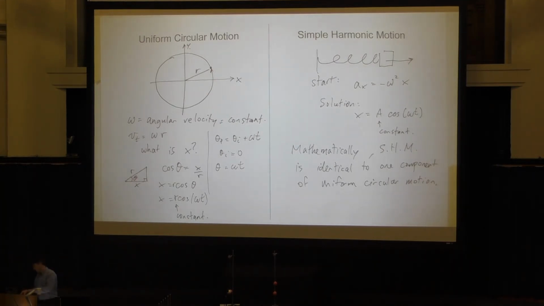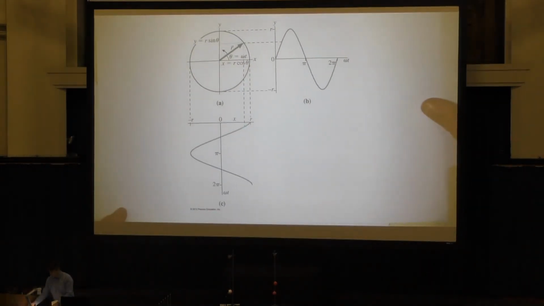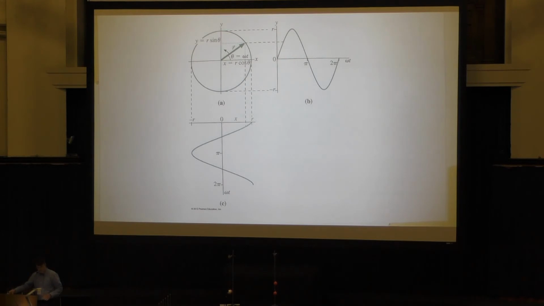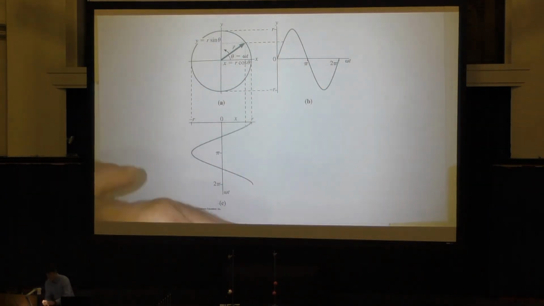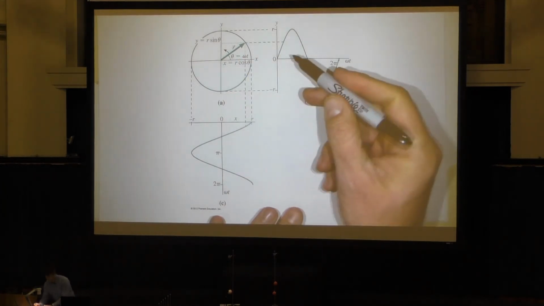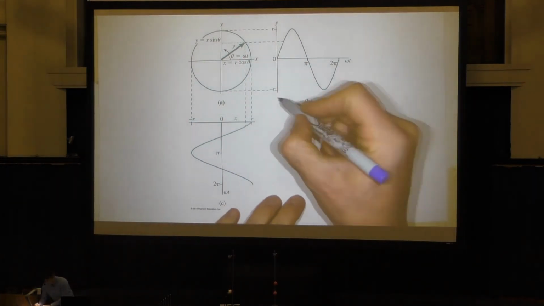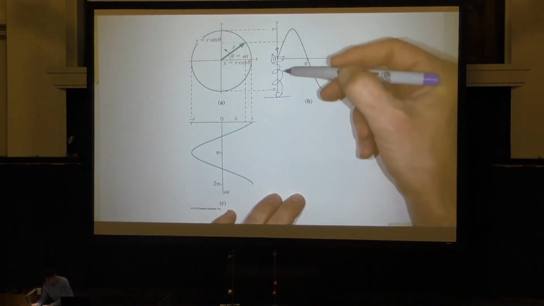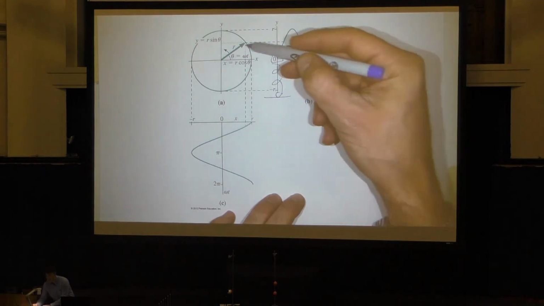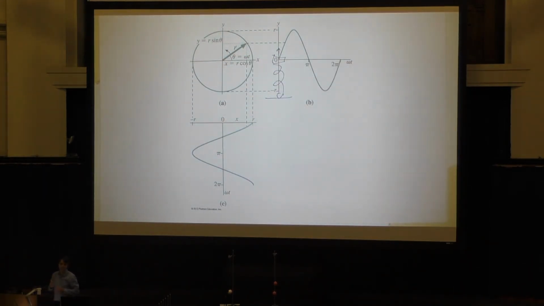And then, I think this is from Wolfson, is just showing that. So, for example, if you have something on a turntable going round and round, and there was like a light shining the shadow of it over to the side here, and you had maybe a mass on a spring going up and down, the mass and the spring would trace out exactly the same motion as the shadow of the thing in uniform circular motion.